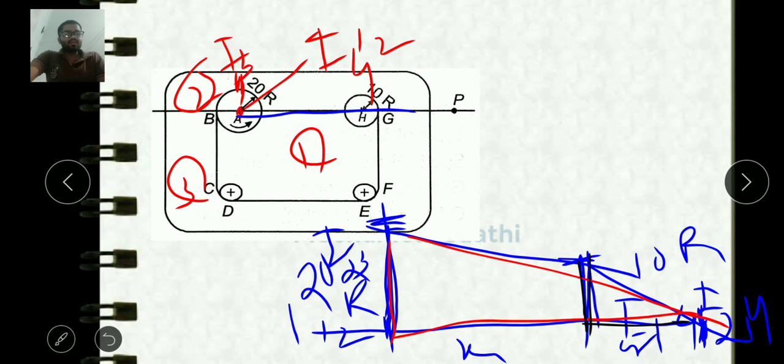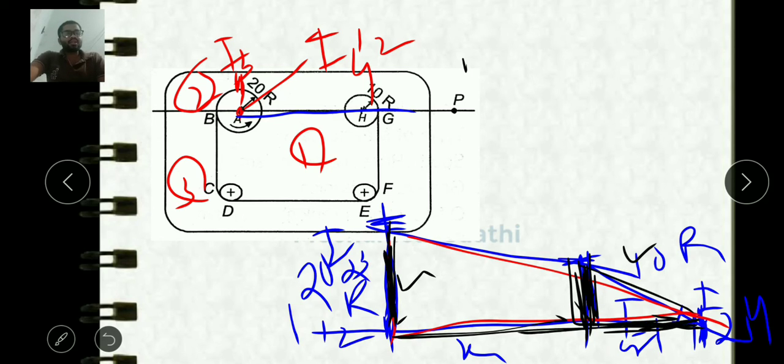We can use the similarity between these two triangles. So I can write this side divided by this side will be equal to this side divided by this total side.